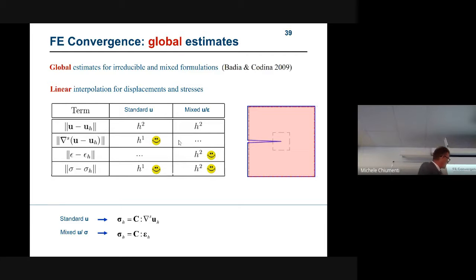Why? Because they come from the derivative of the displacement, so one order less. The stresses converge like the strains, because they are just the strain multiplied by C, the constitutive tensor. So at the end of the day, at global level, if you make a finer mesh, the convergence goes from quadratic for displacements to linear convergence for the strains and the stresses. And you could say, okay, it works.